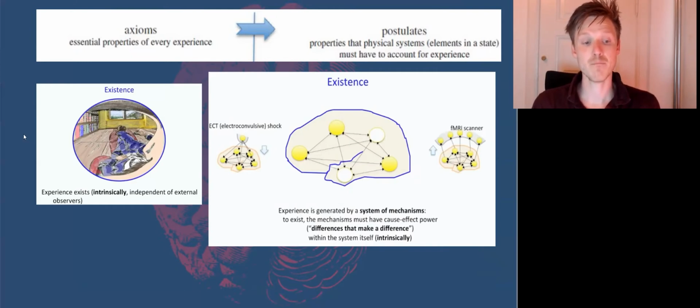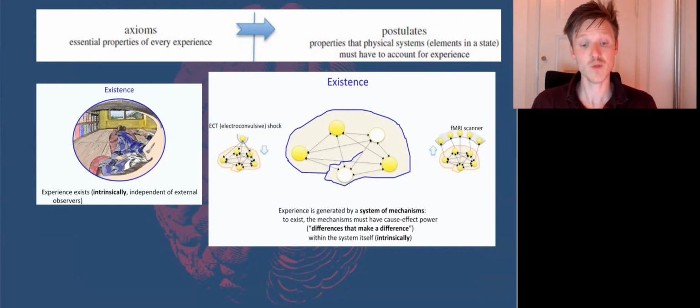So we're going to go through them here, and this for the first axiom, existence, that your experience is a real thing and is the only thing you know for absolute certainty. What IIT proposes is that this must mean that there exist causal powers underneath the system mediating this, a sort of dynamic cause and effect system.